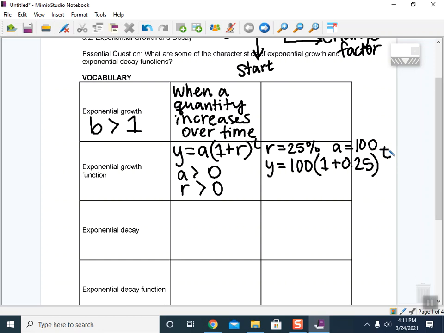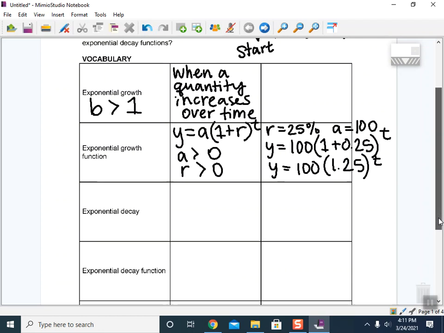Okay, and I can simplify this. So simplified, this would be y equals 100 times 1.25 raised to the t. Okay, and that's what that's going to look like.